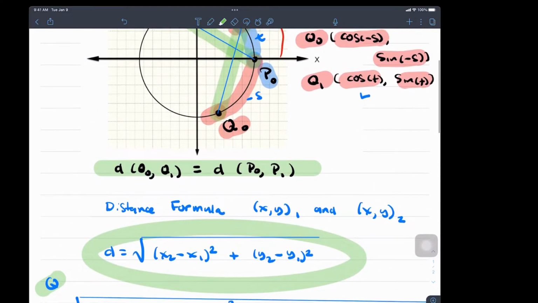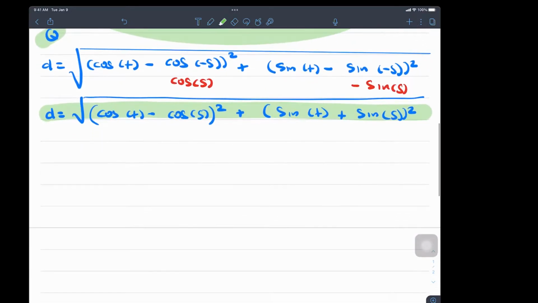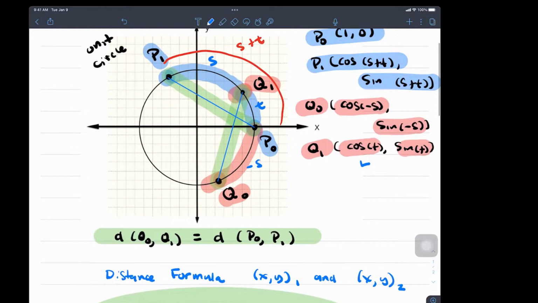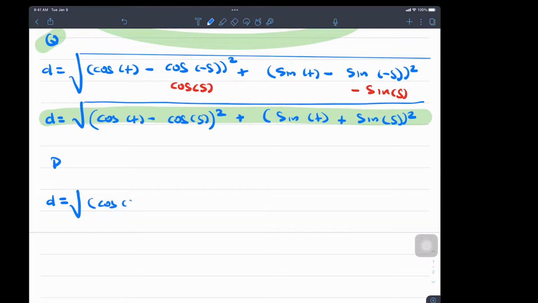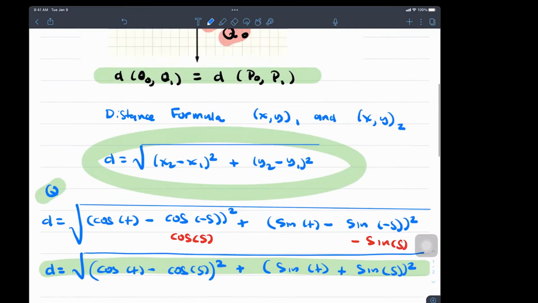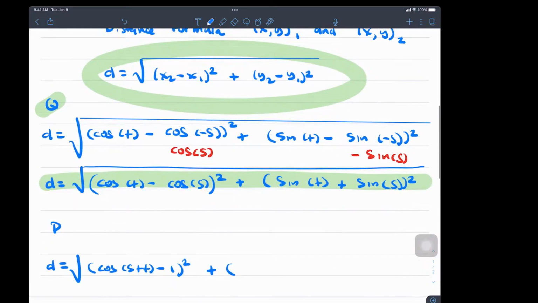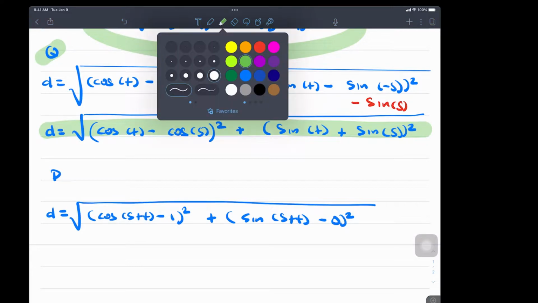So you say, what did I do? I just used the distance formula for the Q coordinates. Now we're going to do the same for the P coordinates. So you say, well, what does it look like for the P coordinates? Here's our distance formula: (cosine(s plus t) minus 1) squared plus (sine(s plus t) minus 0) squared.